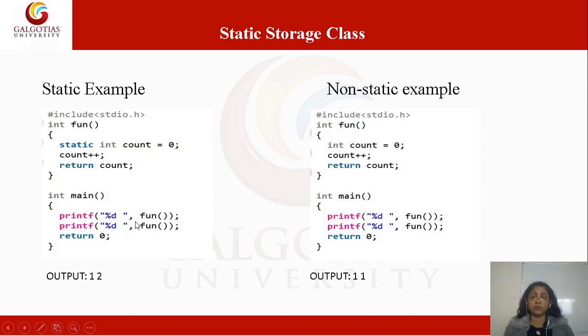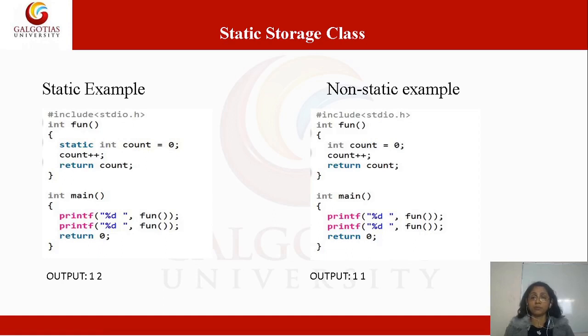As I had already told you, this count variable is static, so the memory allocated for the count identifier is going to be shared by both function calls. Therefore, if one function call increments the value of count, the other function sees the updated value, because both share the same space.